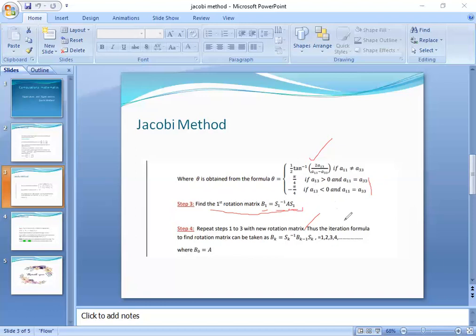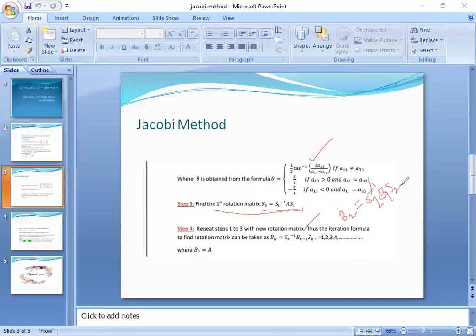That second rotation matrix can be seen as B2 equals S2 inverse B1 S2.